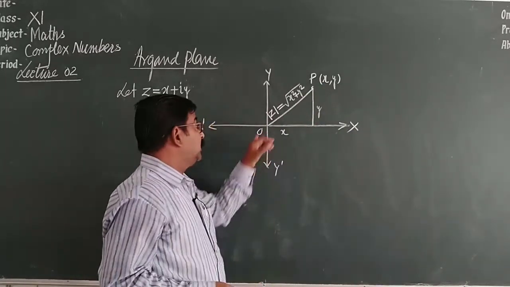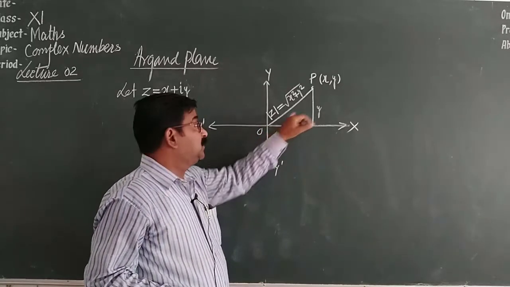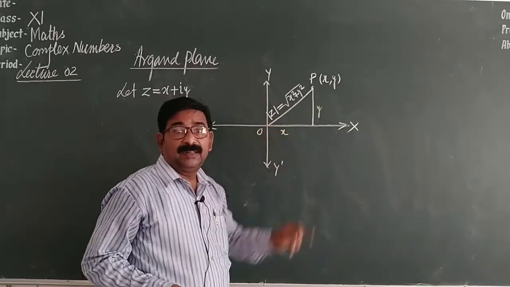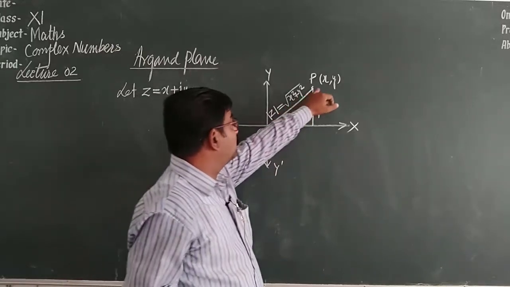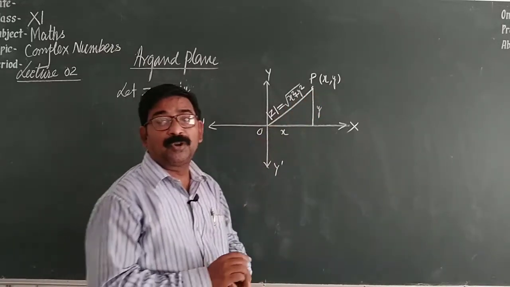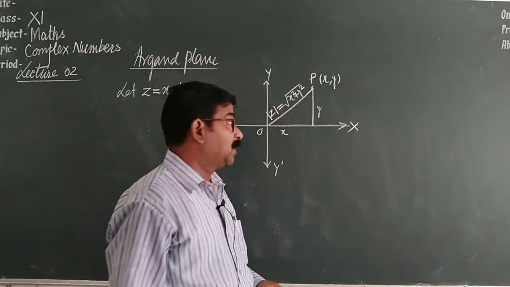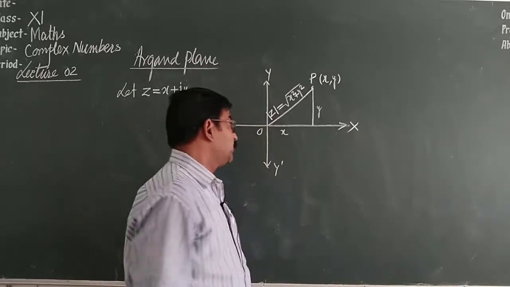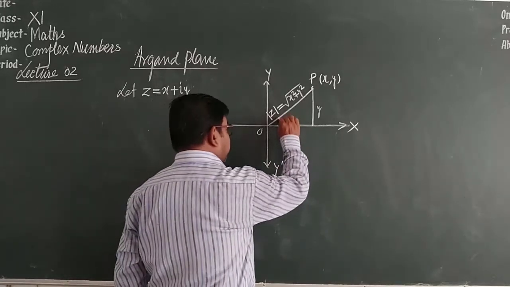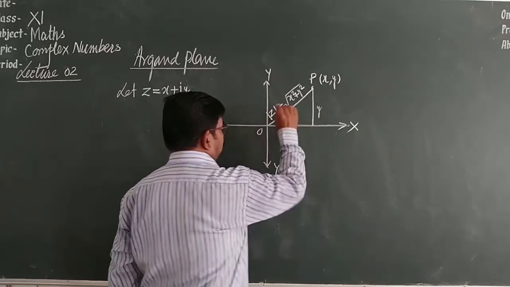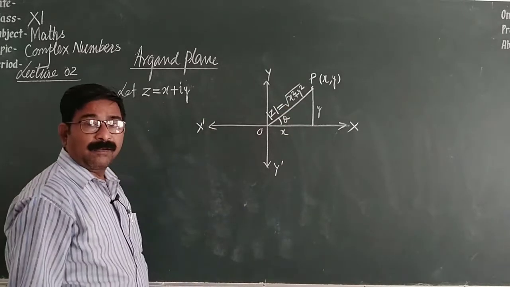So the distance of this point from the origin is called the modulus of the number, where number means complex number. Let this angle be theta.